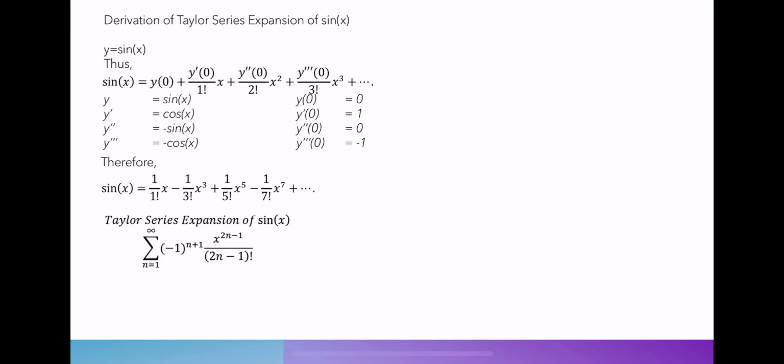Substituting it to the general equation of our Taylor series, we arrive with this expression. Recall that on the previous slides, we were already able to obtain these derivatives. Our goal here is to substitute these derivatives in this equation.